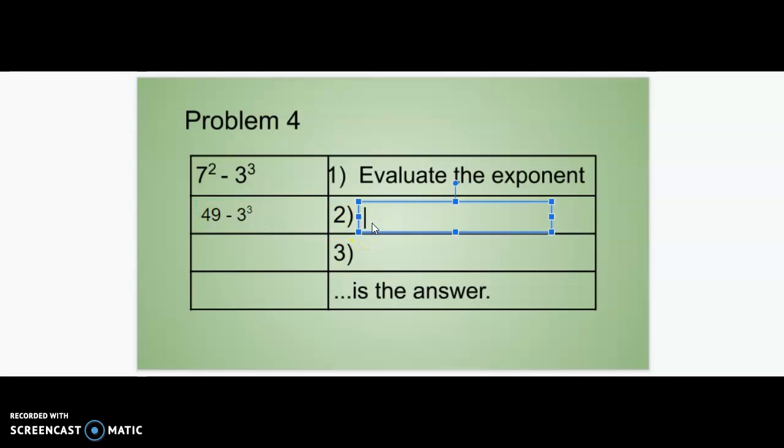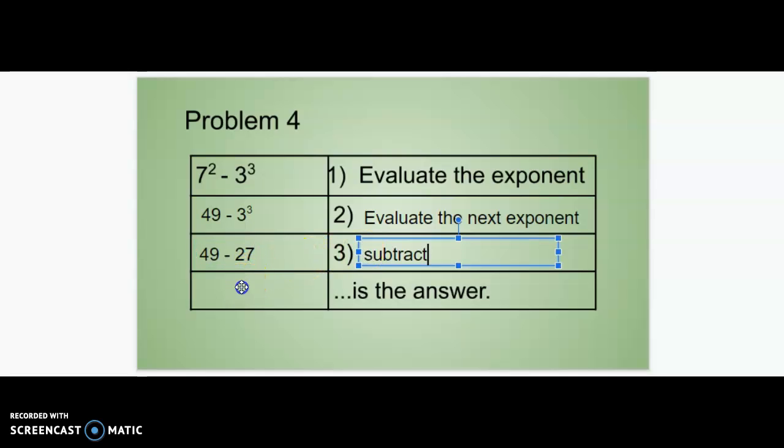The next step we'd have to do is evaluate the next exponent. You shouldn't have to do that with yours. 3 to the third power is 3 times 3 times 3. That's 27. 49 minus 27. The last step is we have to subtract. 49 minus 27 is 22.